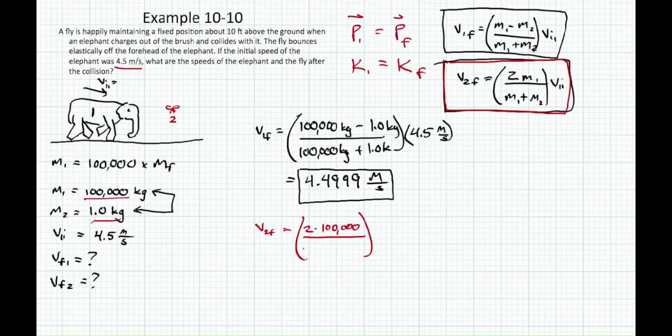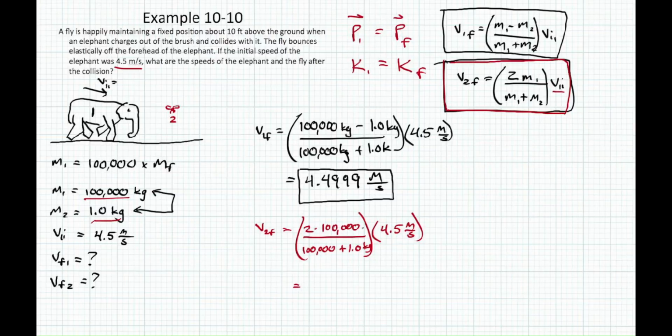That's 100,000 plus 1 kilogram, right? I should really put my units in there. Times the initial velocity of object 1, because after all, object 2, the fly, wasn't actually moving. Times 4.5 meters per second. And we're going to see how the fly is affected very differently than the elephant.